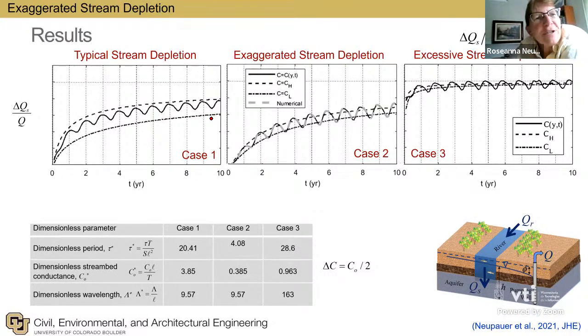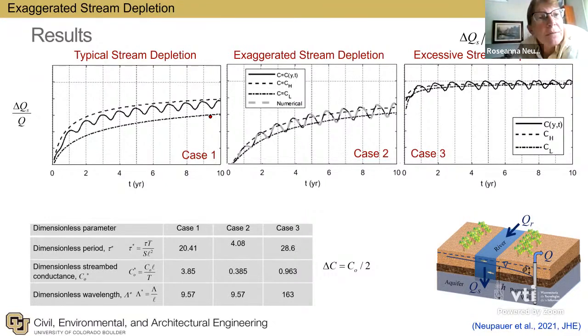The dot dash line is when the stream is homogeneous and has only the lowest hydraulic conductivity, the lowest stream bed conductance. And then the dashed line is what we would get if we have a homogeneous stream with the highest stream bed conductance.